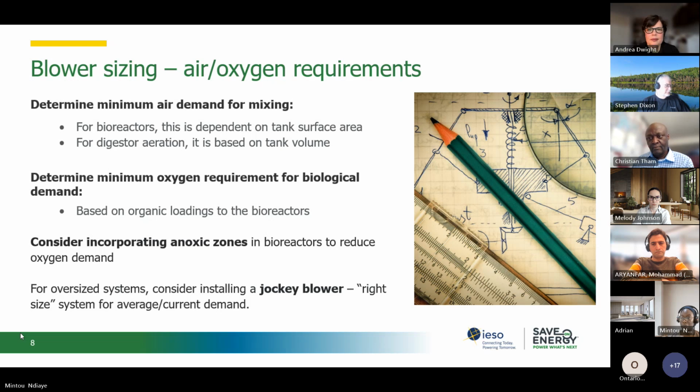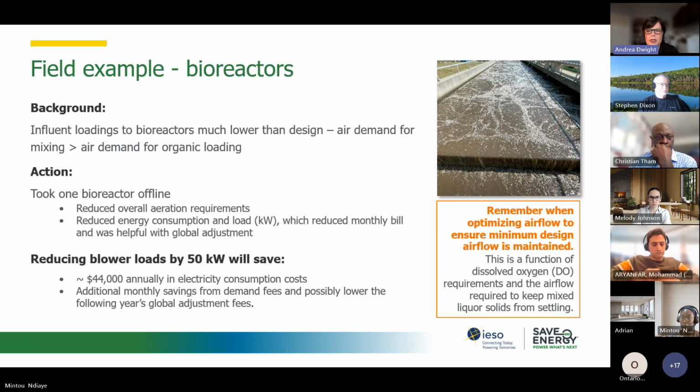Thank you. So next slide. One example we had, which speaks to the design conditions and capacities, was a plant we went into a few years ago. It had 3 bioreactors, and the influent loadings were much lower than their design. In this case, their air demand for mixing was much higher than even the organic loading.